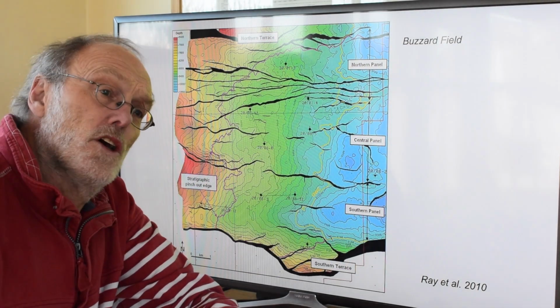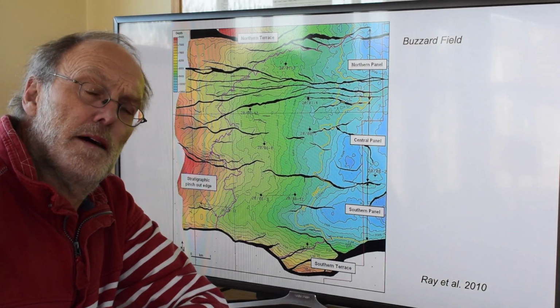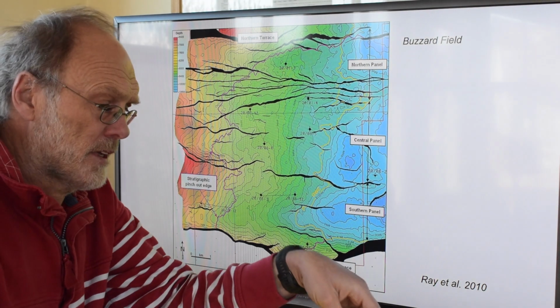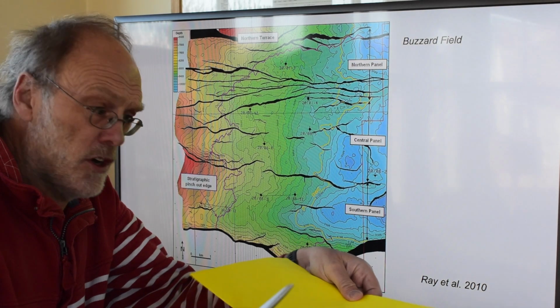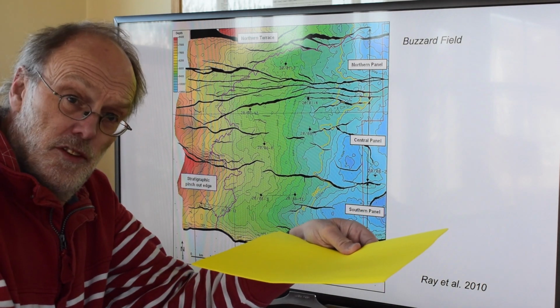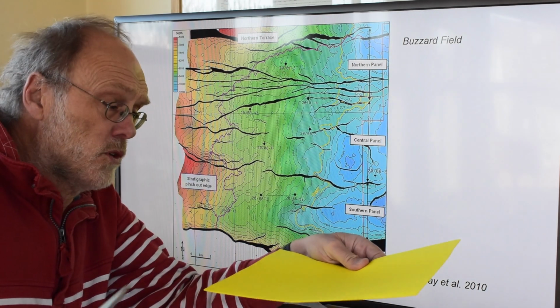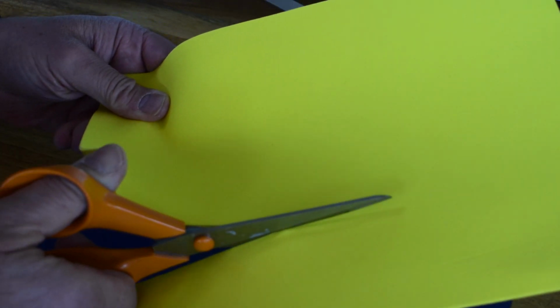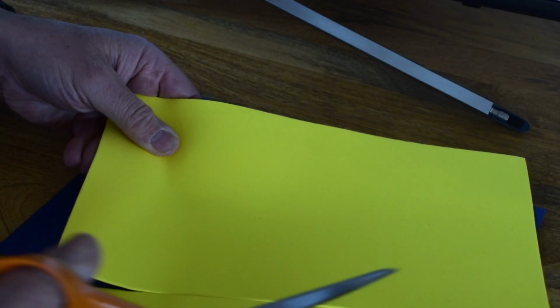Some people call these fault loss or fault gap maps, and to understand them, let's make a physical model. I've got some foam that will represent the stratigraphic horizon, and we'll see through it, but to make the faults, I'm going to cut some slits in this foam horizon.